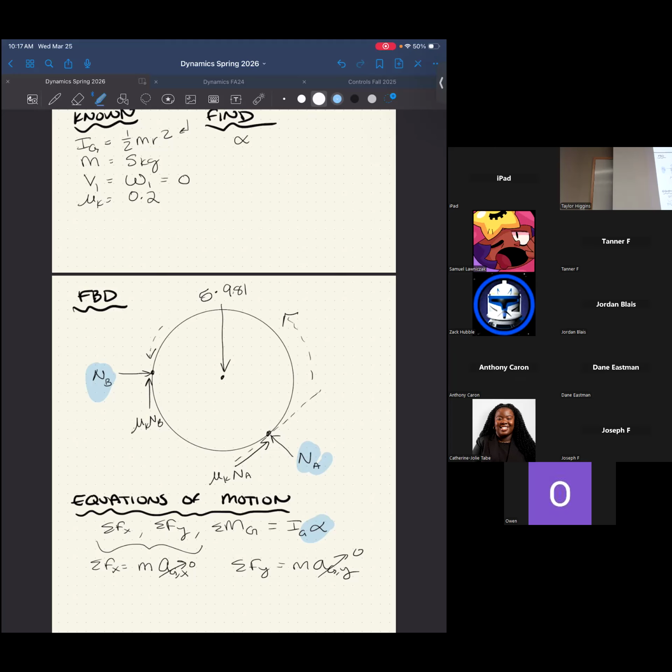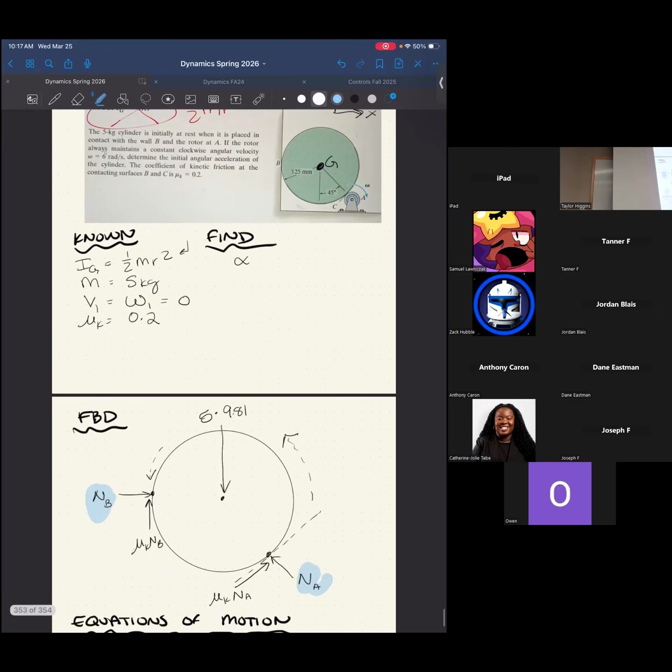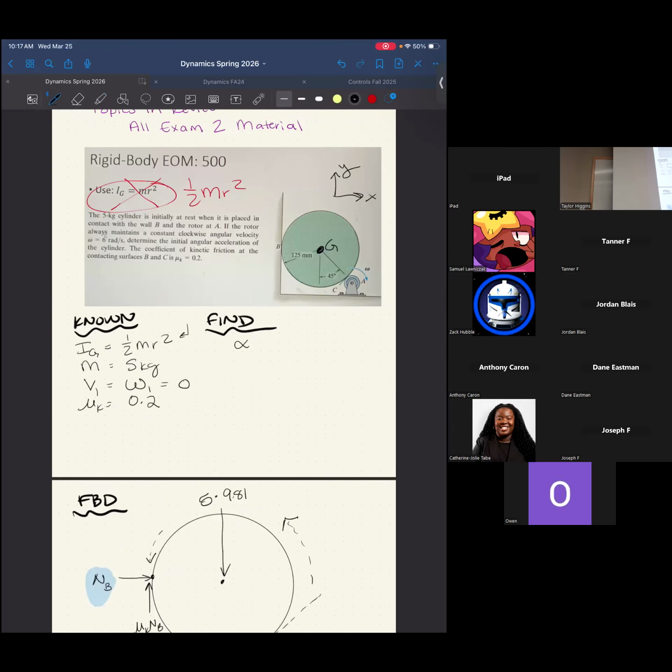I'm not sure, because on this one, because we know that omega is spinning in this direction, it honestly and truly sets the direction that it's going to roll, everything else. Yeah.